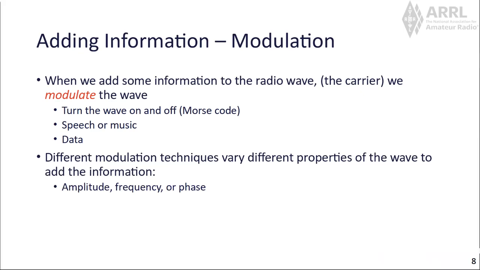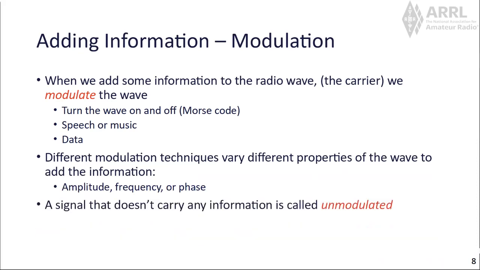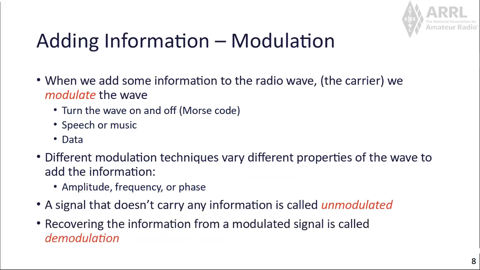And those three basic ways are amplitude, frequency, or phase. A signal that doesn't carry any information is called unmodulated. Recovering the information from a modulated signal is called demodulation. Back in the old days, before Howard and I were born, they called it a detector.